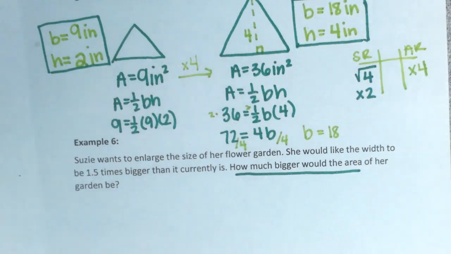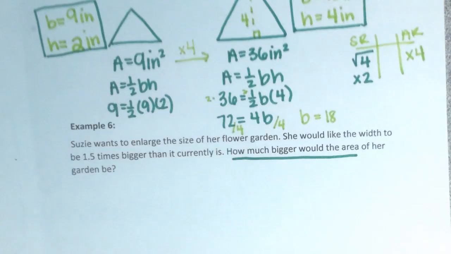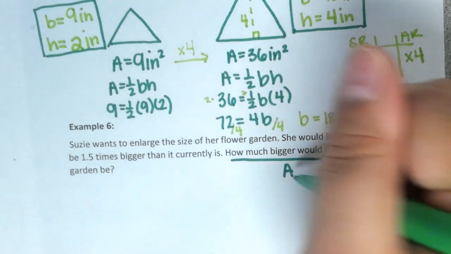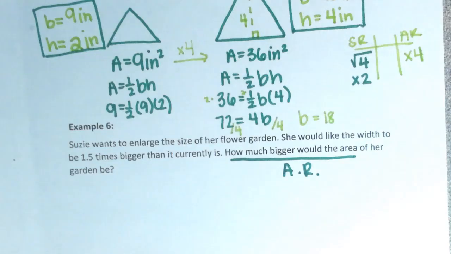I don't want to know what the area is. So what am I asking for? It's not 1.5. I'm asking for the area ratio.